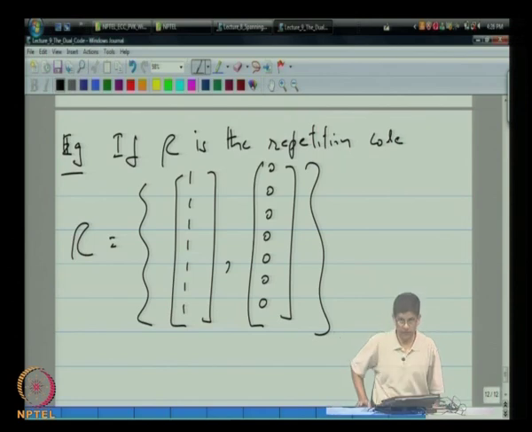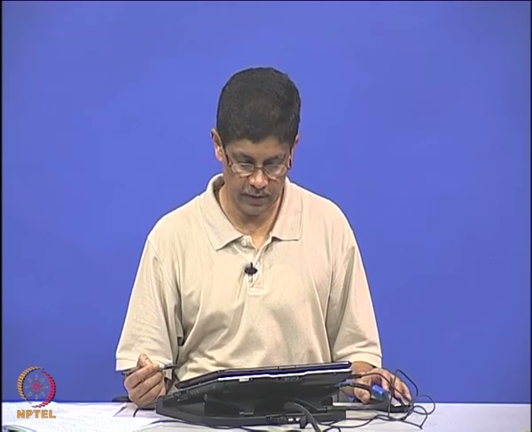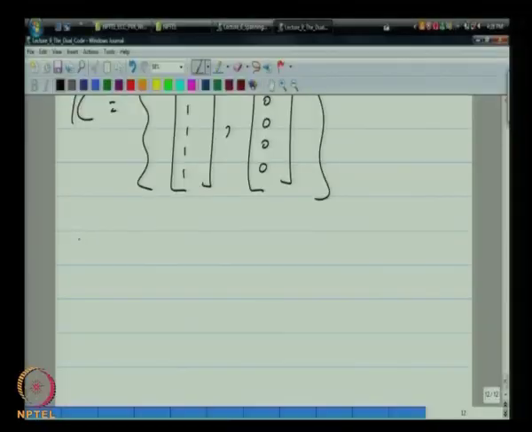Recall that the dual code is the set of all vectors which are such that when you take the inner product with either of these code words, you will get 0. So, certainly you will always get 0 if you take the inner product with 0. So, the only requirement is that the inner product with the all one vector is 0, which is equivalent to saying that the vector has even parity. So, from this it follows that the dual of this code is nothing but the single parity check code. So, we will note that clearly.